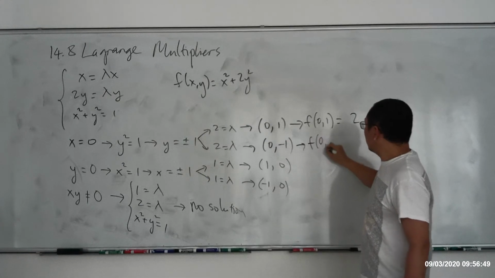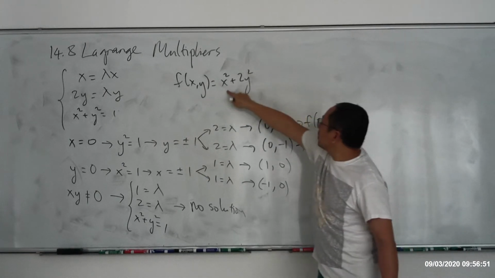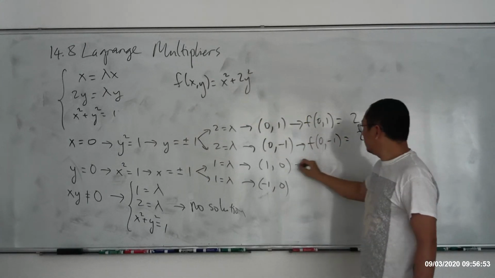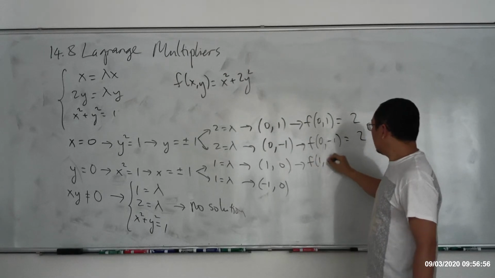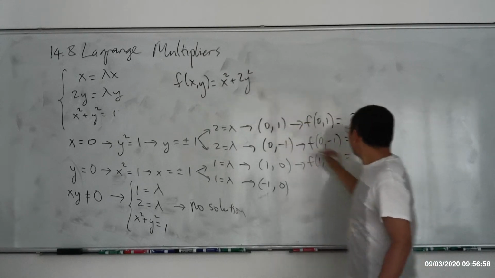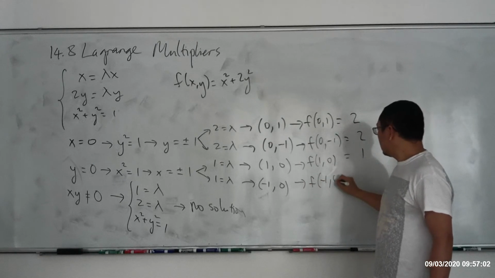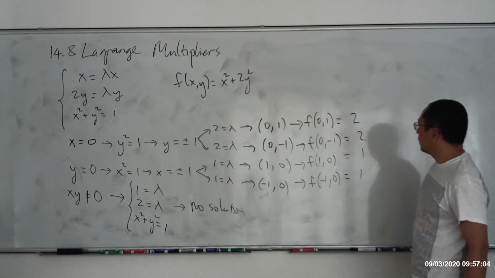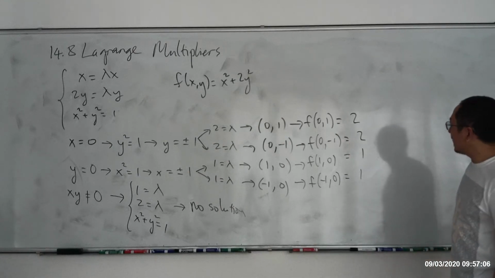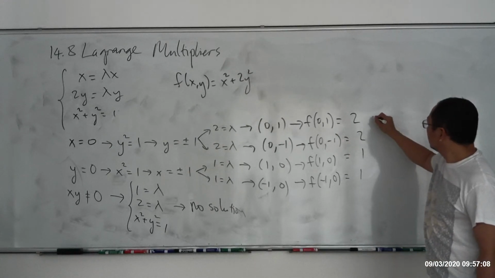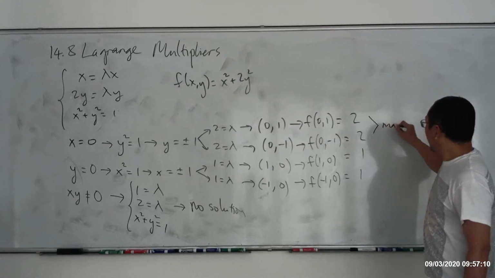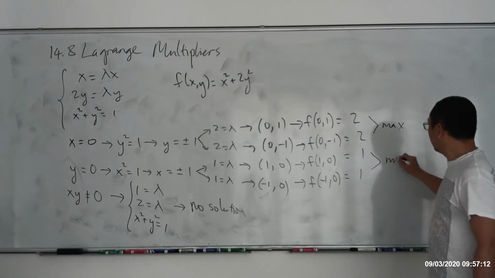F(0, -1), x is 0, y is -1, still 2. F(1, 0), x is 1, y is 0, is equal to 1. F(-1, 0), still 1, right? So you see that the maximum is 2, the minimum is 1. Those are the max, and those are the min.